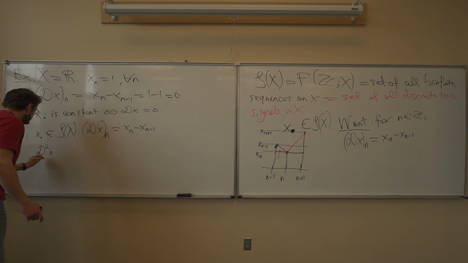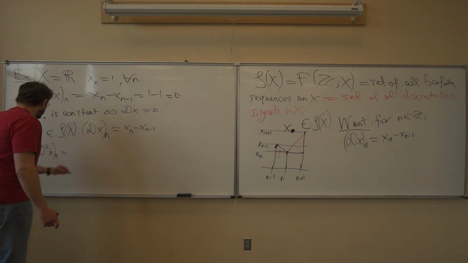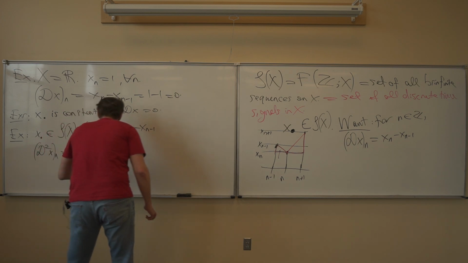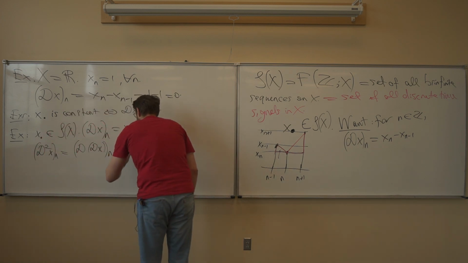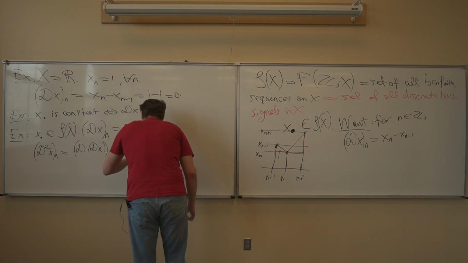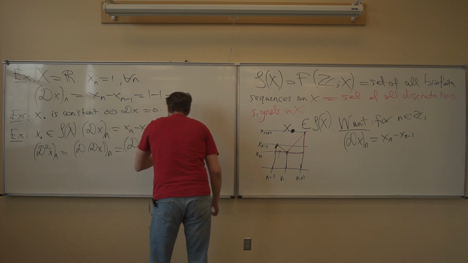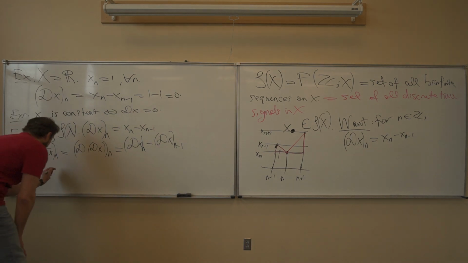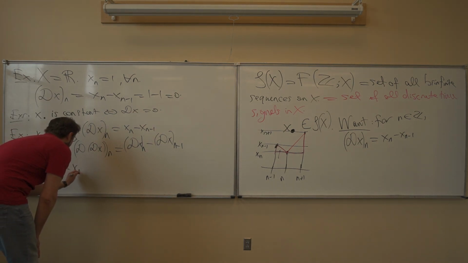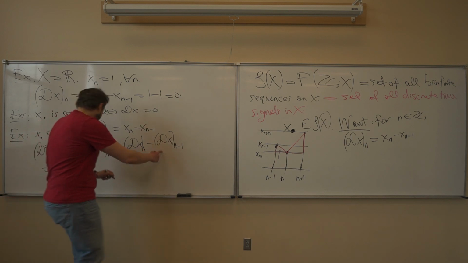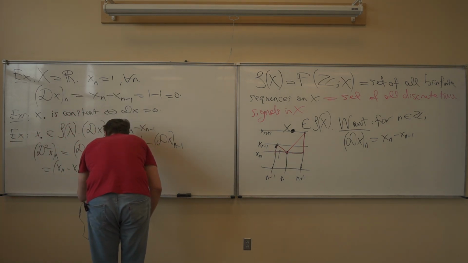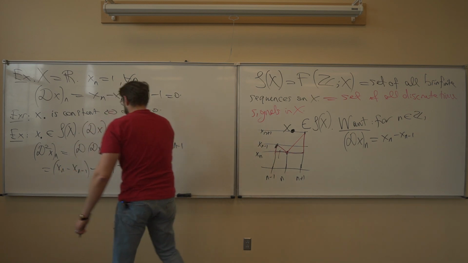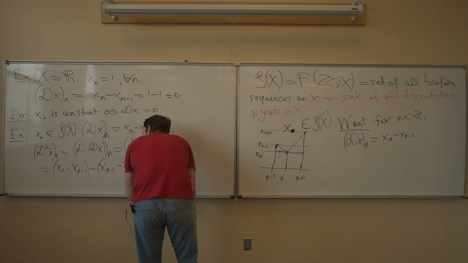So d squared x at n is d of x at n, and then plugging this in, this just says that this is dx at n minus dx at n minus 1, and then opening these up once more, I have that this is x sub n minus x sub n minus 1 minus x sub n minus 1 minus x sub n minus 2, which then I can collect like so.